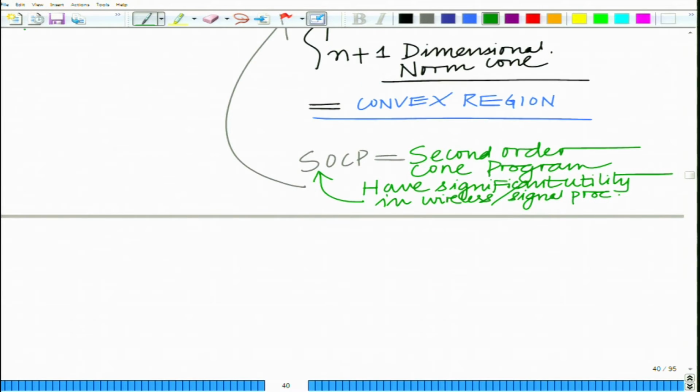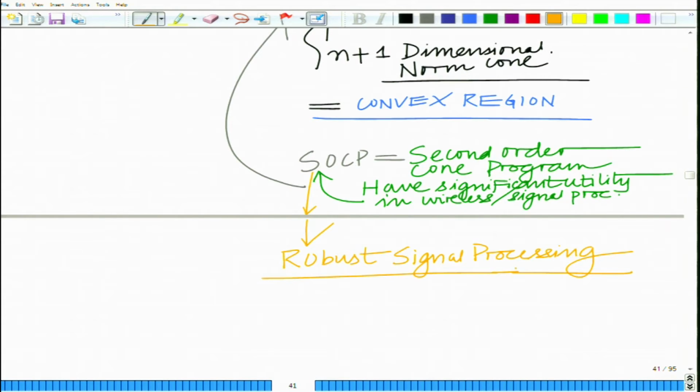These are second order cone programs, especially in the context of robust signal processing, similar to what we have seen previously in the context of, for instance, robust estimation. One of the most prominent applications of this SOCP paradigm is in robust signal processing.